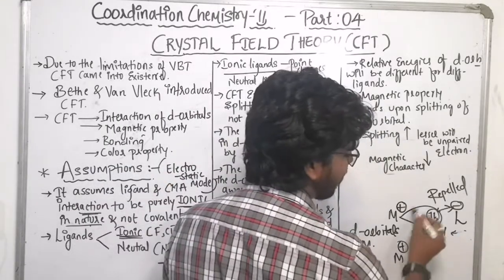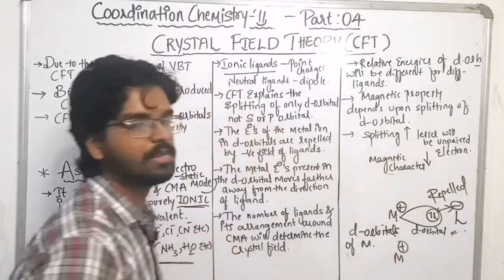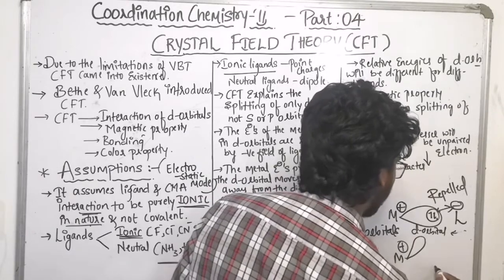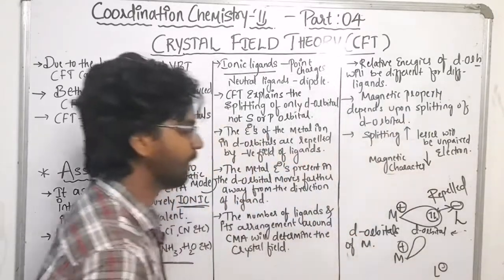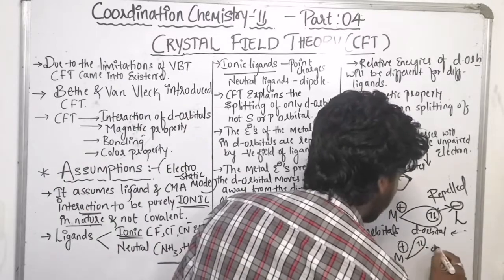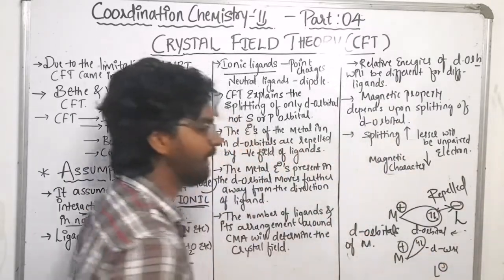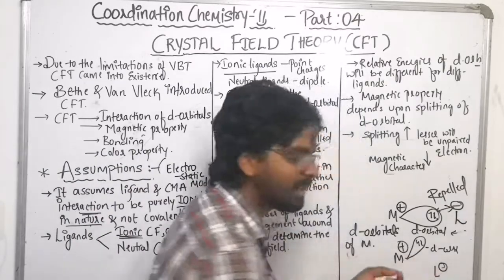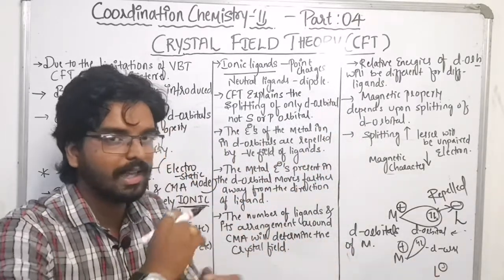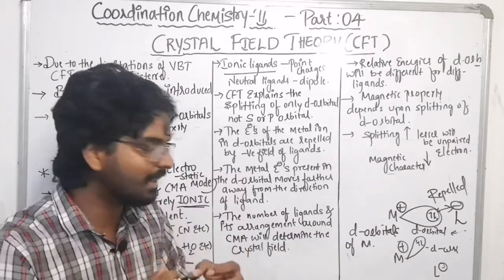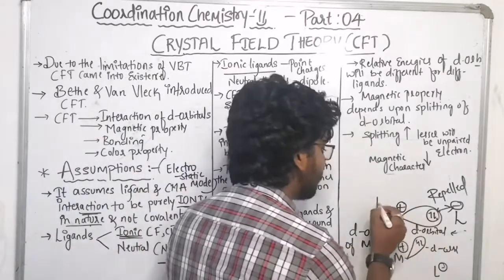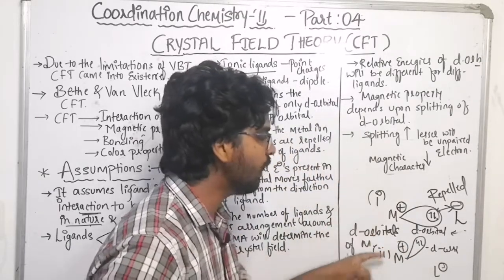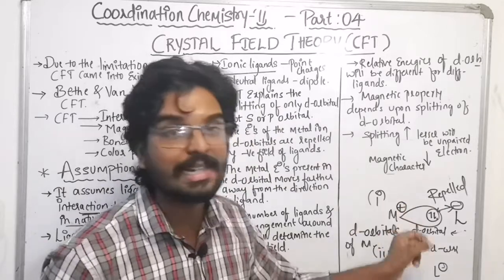Actually, at first this is how the orientation of the d orbital was. Now if I place that orbital like this and place the ligand here, this is the same d orbital, having an unpaired electron, and again the ligand is here. Even though there may be a slight repulsion because the electron clouds are there, if you consider case 1 and case 2, the repulsion is much greater in case 1.